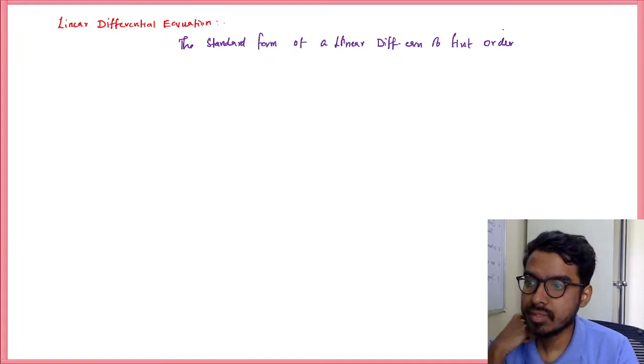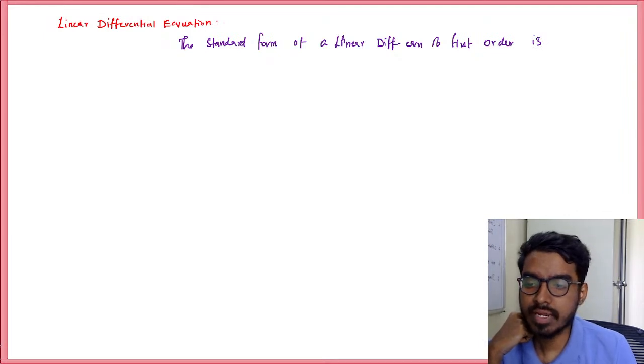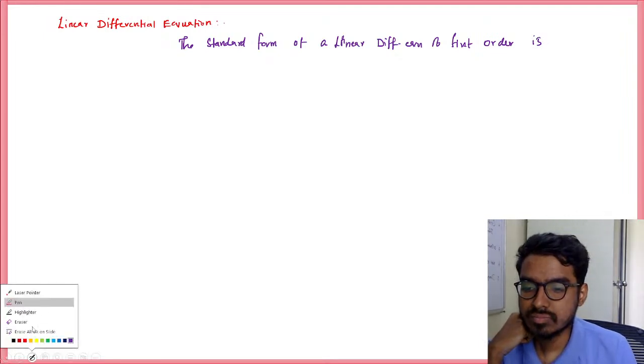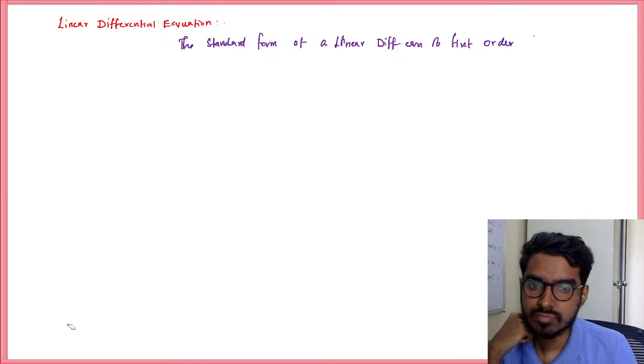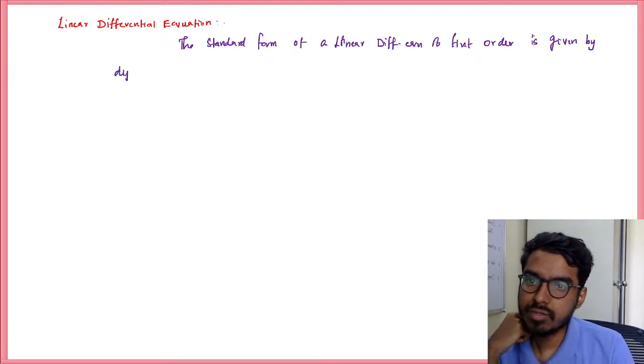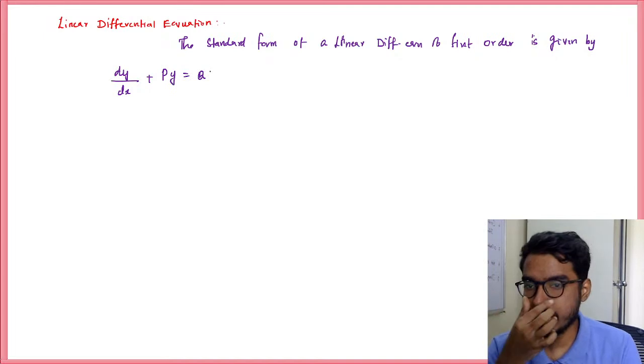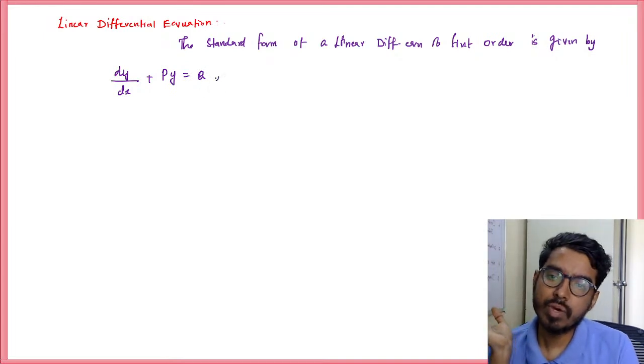It is given by dy by dx plus py is equal to q. Very important: dy by dx plus py is equal to q.